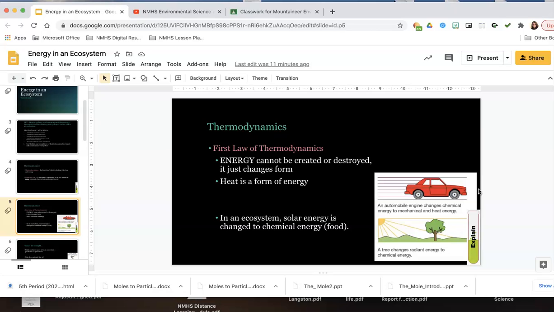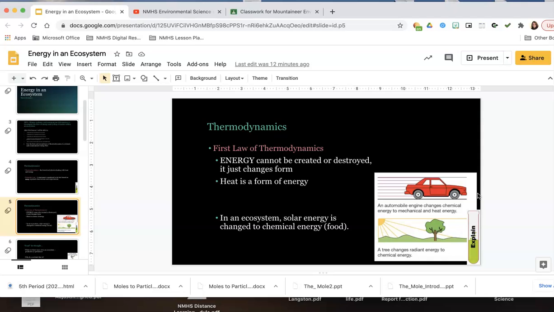Mechanical energy is the energy of motion, and so as that gas explodes within the engine, the engine parts move, and then those moving parts also create heat, and so energy is also lost in the form of heat. You know that your engine runs at a very high temperature, over 200 degrees Fahrenheit, and so that heat energy is basically some energy that's lost within that process.